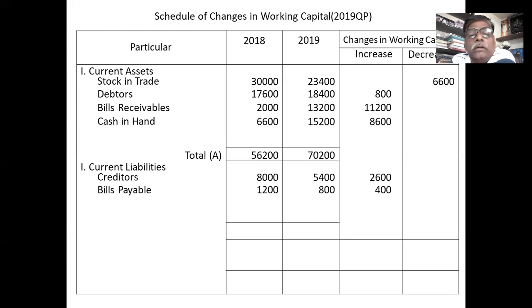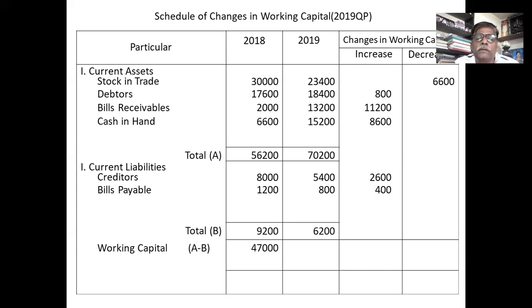You don't take here because adjustment is there. You prepare the account. Okay. Now take the total of liability. First column 9,200. Second column 6,200. Clear. Then calculate working capital. Working capital means A minus B. So first column difference is 47,000. 2018 working capital is 47,000.